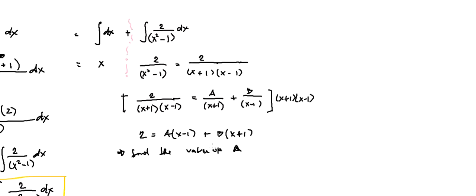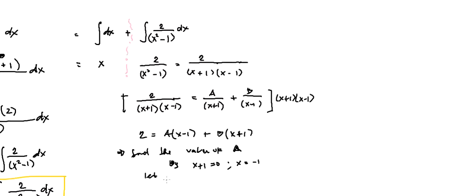So first, let's find the value of A by letting our B vanish, or by letting x plus 1 equal to 0. Okay, so we have x equal to negative 1.